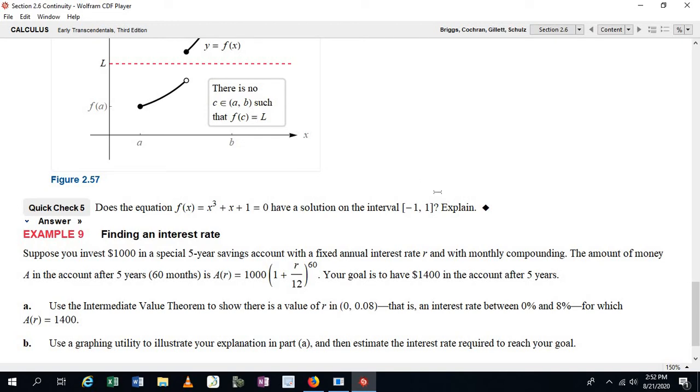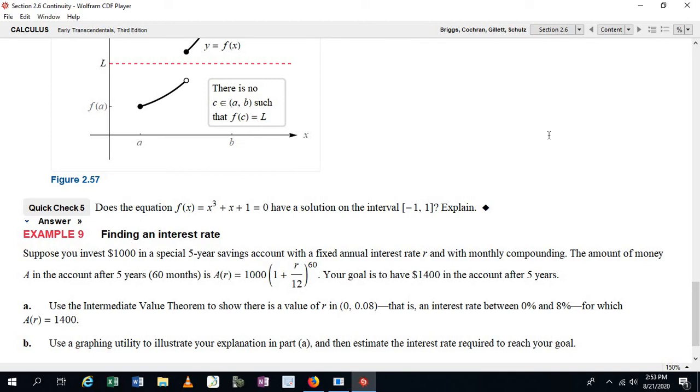The first thing we need to do is make sure that this is continuous on the closed interval from -1 to 1. This function is continuous because it is a polynomial. Polynomials are continuous from -infinity to infinity, so the first condition is satisfied simply because this is a polynomial.